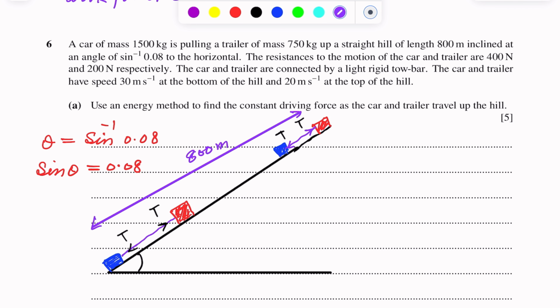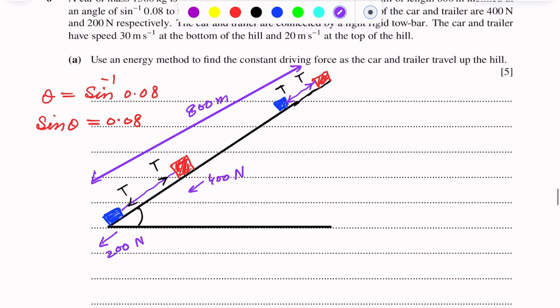Resistance on car is 400 Newton and the resistance on the trailer is 200 Newton. Speed at the bottom is 30 meter per second.